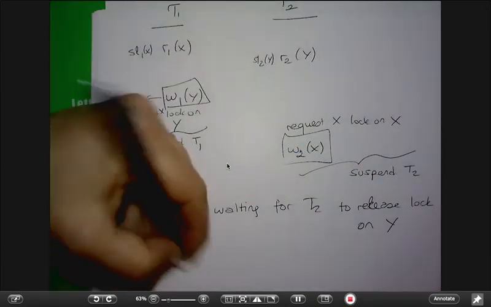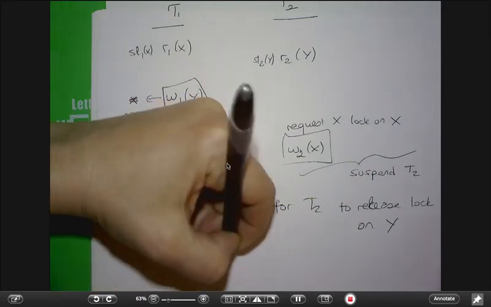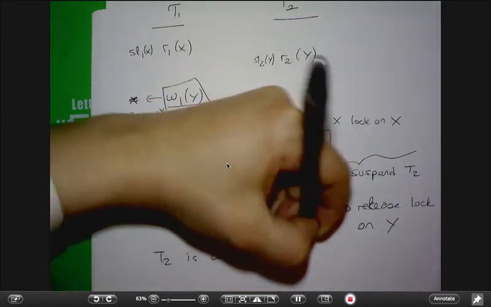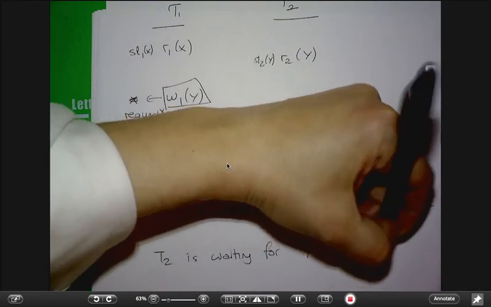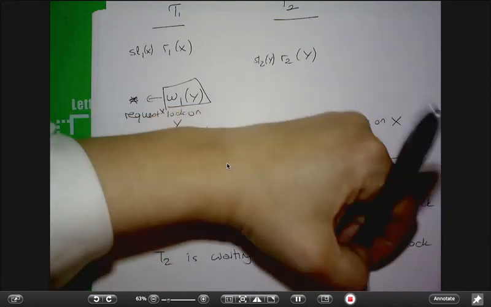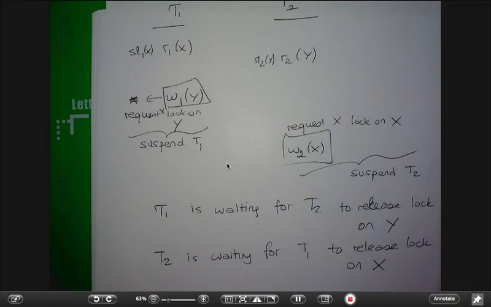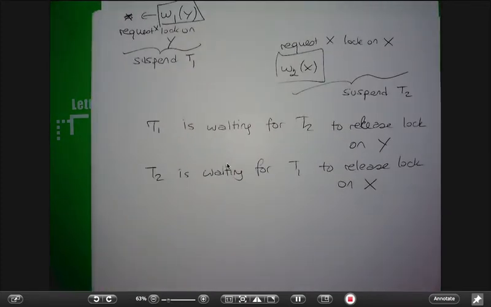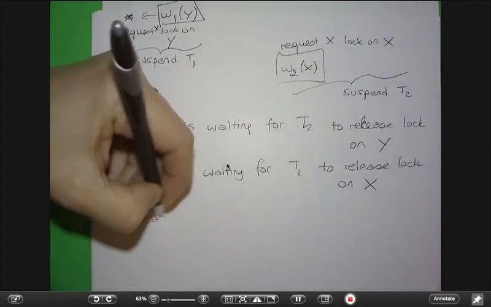So what that means is T2 is now waiting for T1 to release the lock on x. Right? So T1 is waiting for T2, T2 is waiting for T1. Since none of them is doing anything, nothing can go forward, right? So as a result, T1 and T2 can never resolve this conflict, sadly. So this is a deadlock, right?